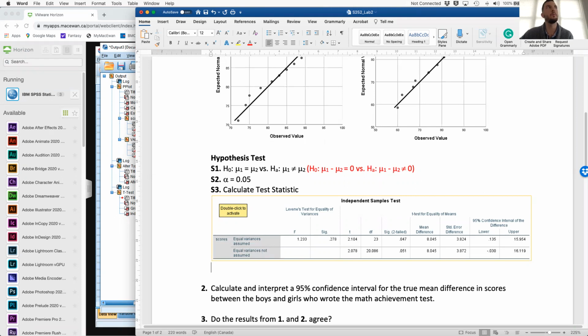So the test that we studied in lecture and the test that we are following through with here in the lab is the test based off of the assumption that the variances are not equal. So our output is going to focus on the second column, second row.